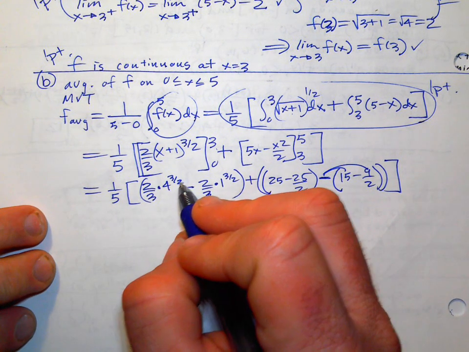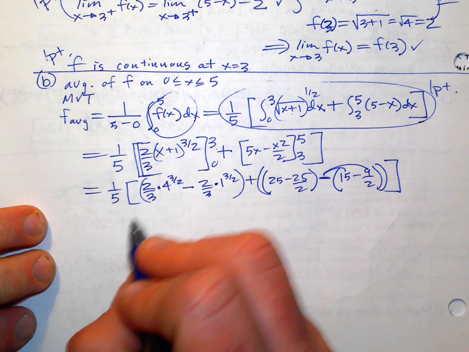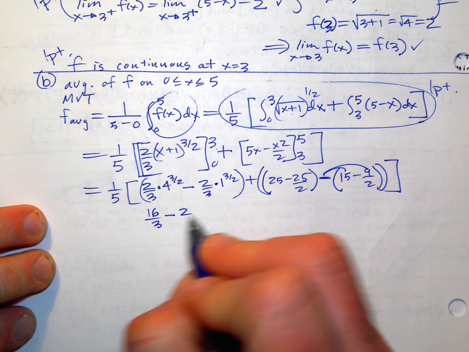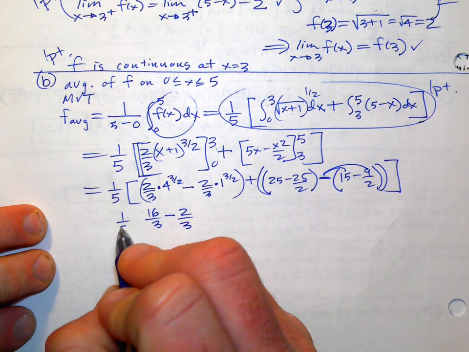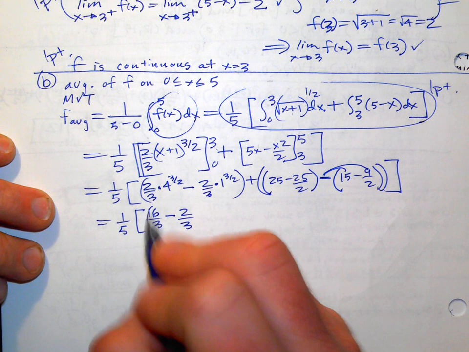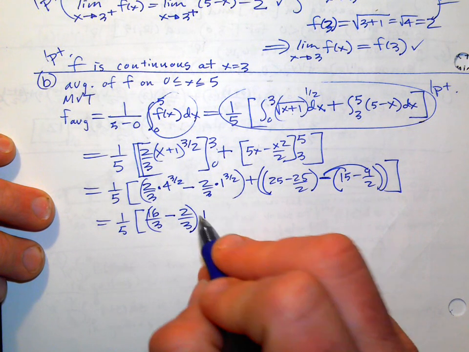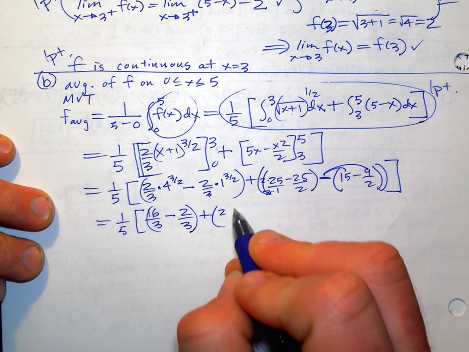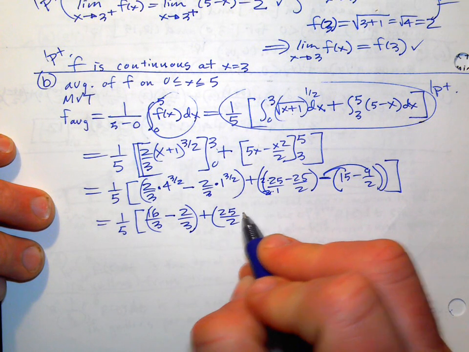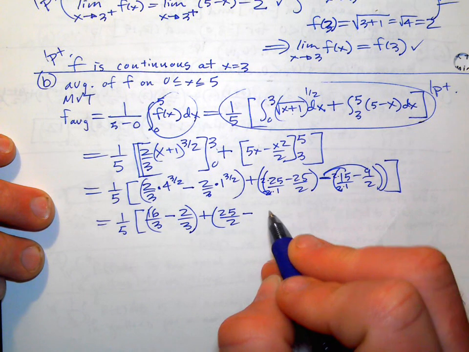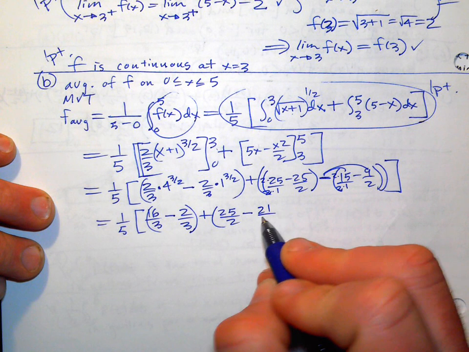Now, I would do square root of 4 is 2, cubed is 8, so it's going to be 16/3 minus 2/3. This is a lot of work. This is going to be 50/2 minus 25/2 is 25/2 minus, we could give this least common denominator, it's going to be 30 minus 9 is going to be 21/2.